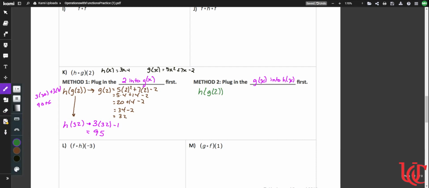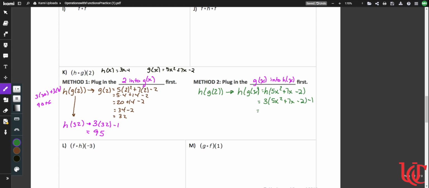So what I'm doing first is h of g of x, which is h of 5x squared plus 7x minus 2, which is just 3 times 5x squared plus 7x minus 2, minus 1 from my equation.